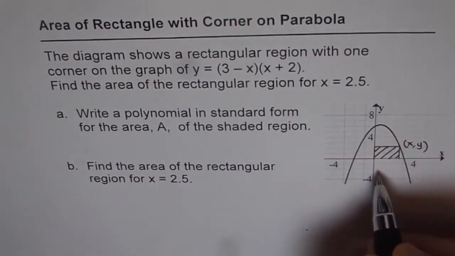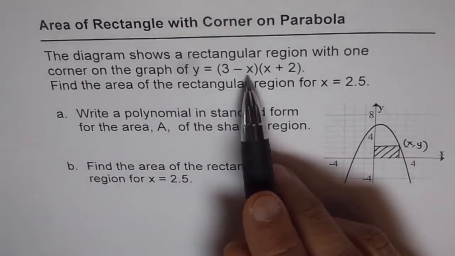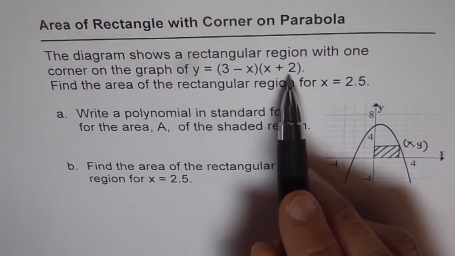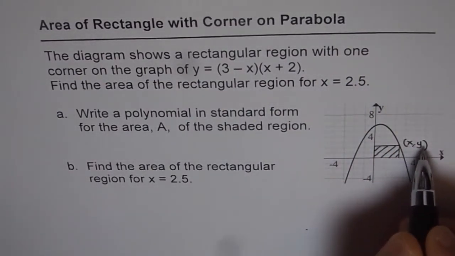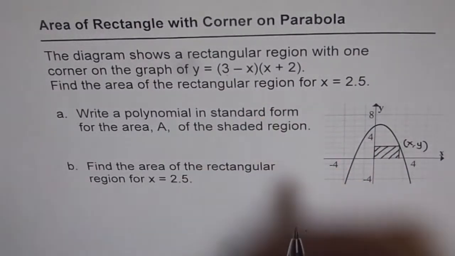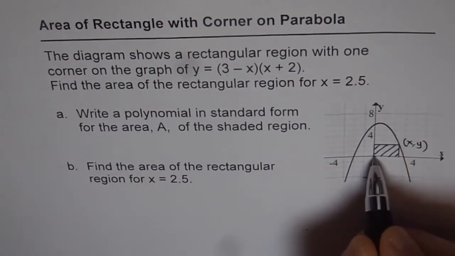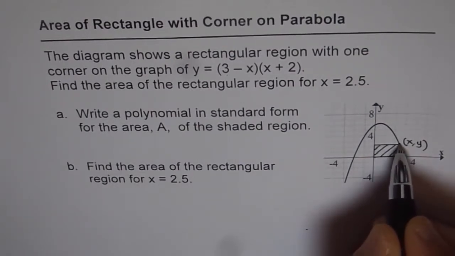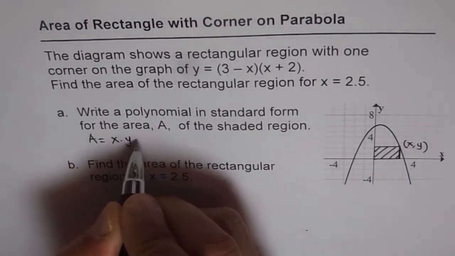Now if you see this parabola, which is y equals (3 minus x) times (x plus 2), then at any point where the value is x, y will be given by this expression, right? So the area of this rectangle will be the x value and y, which is the height of the rectangle, and therefore we can write area as equals x times y.